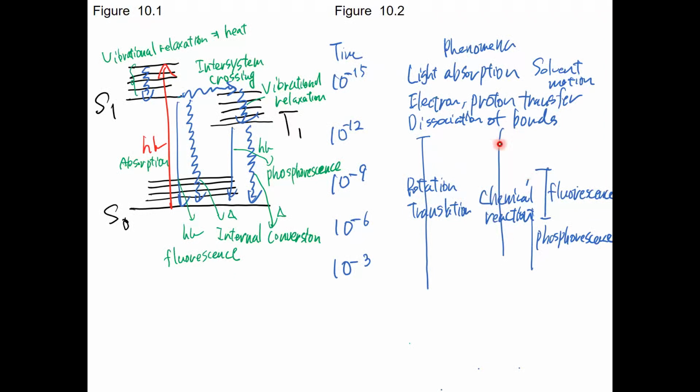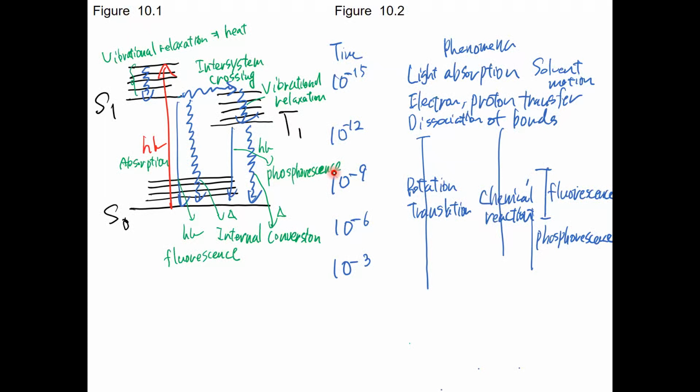On the other hand, people sometimes use the fluorescence and phosphorescence processes. Because they are light emitting processes, we can use them for detection of chemicals or kinetic analysis.